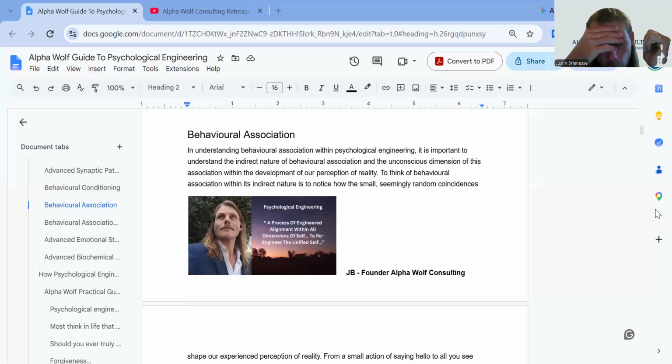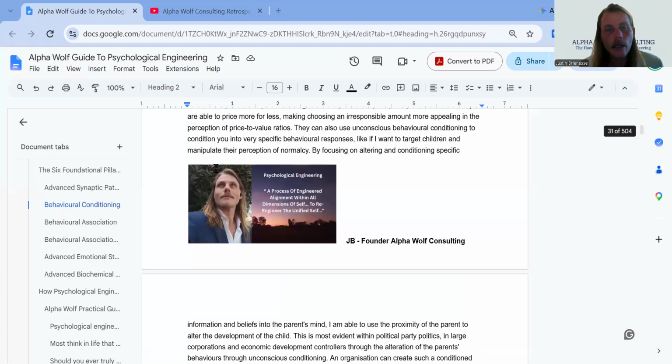If you're unable to see that a traumatic experience that elicits a primal fear response out of you is simply a memory association and an emotional state that has been conditioned in through behavioral conditioning of experiencing it again and again.